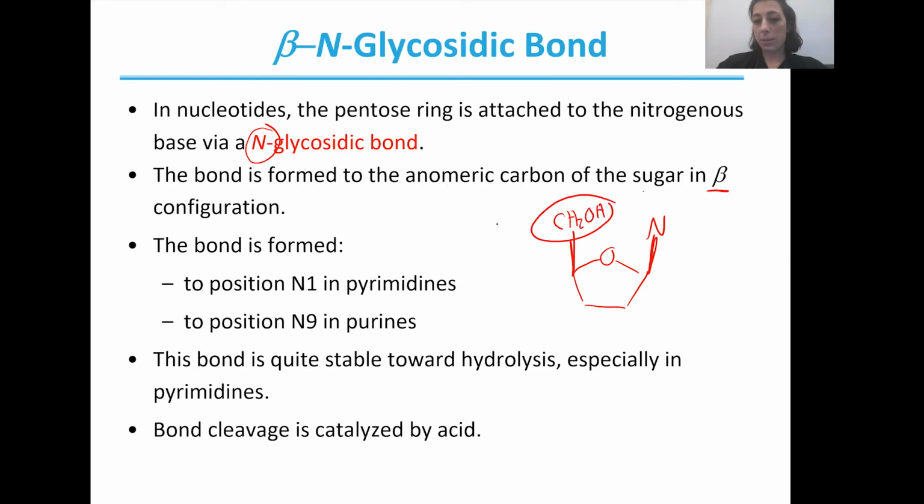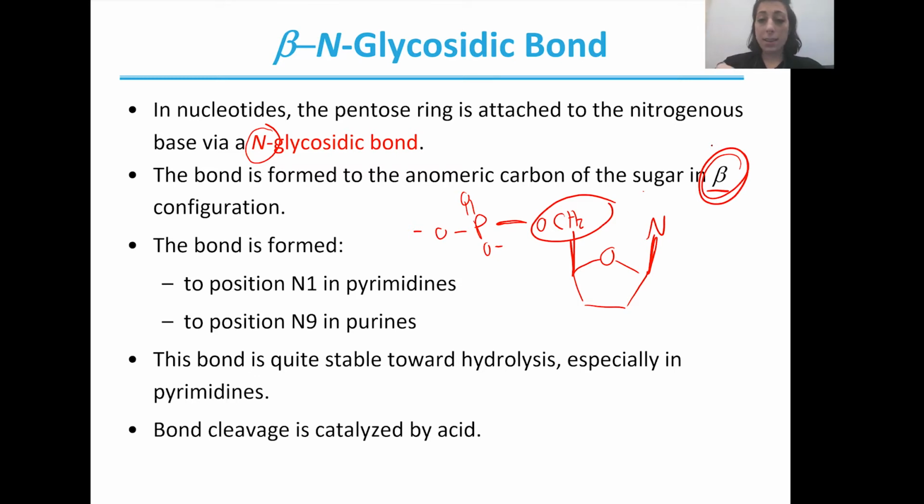And this group actually is what attaches to our phosphate. So these are on the same side, meaning they're either both pointed up or both pointed down. They're not on opposite sides. That is what the beta means, remember, when we are talking about this bond.